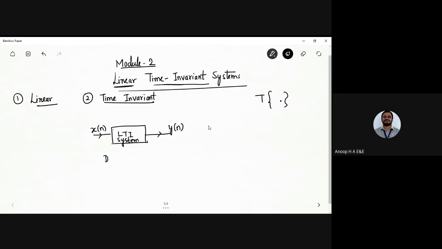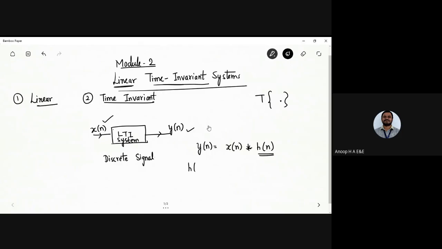I'm referring to a discrete signal. So x of n is the input signal and y of n is the output signal. Here y of n would be x of n convolved with h of n.